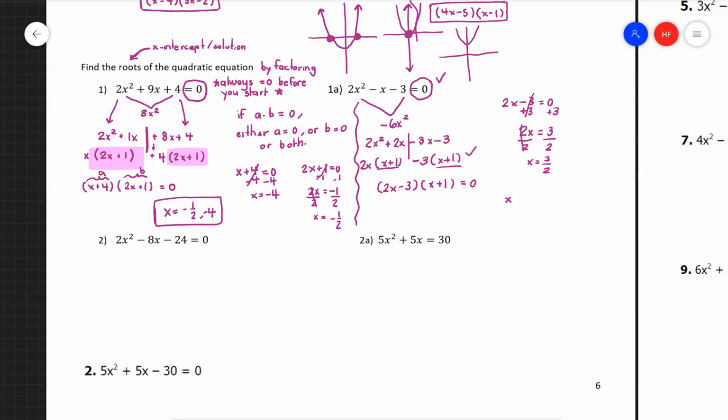And x plus 1 equals 0. Subtract 1. X equals negative 1. So then my zeros, my roots, my solutions, it's going to be x equals 3 over 2 or x equals negative 1.